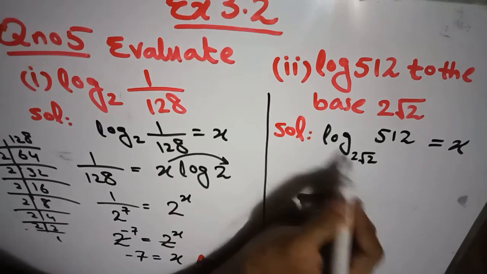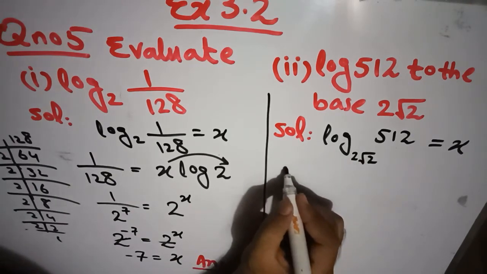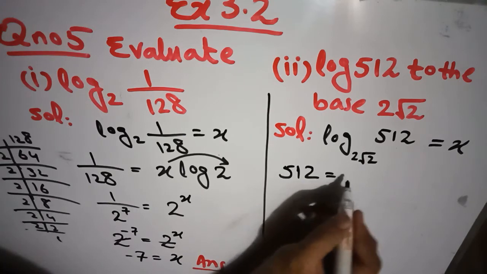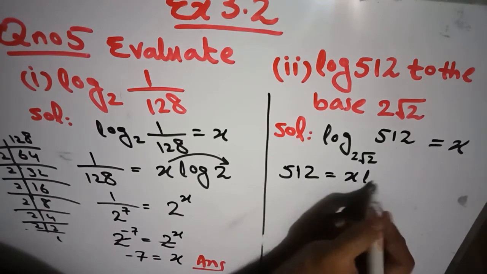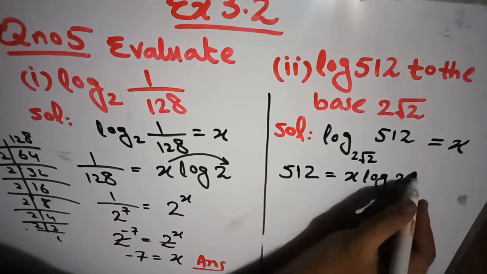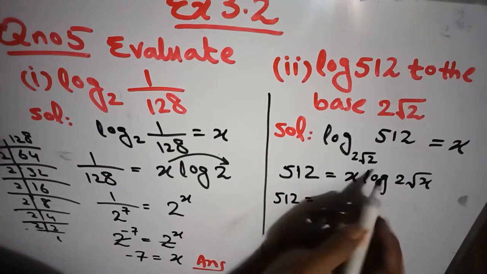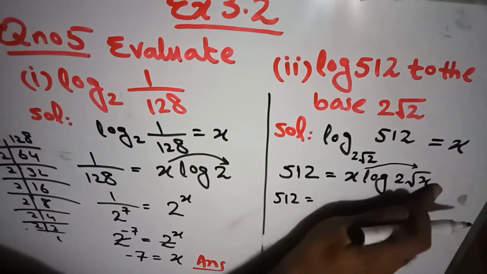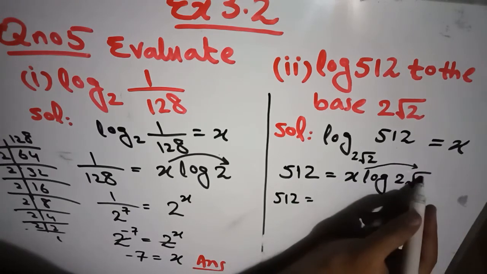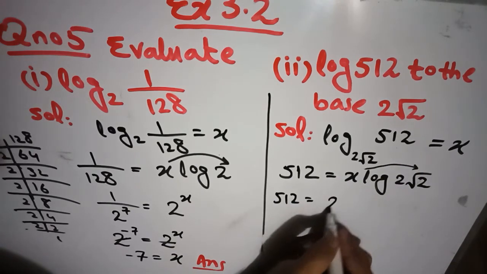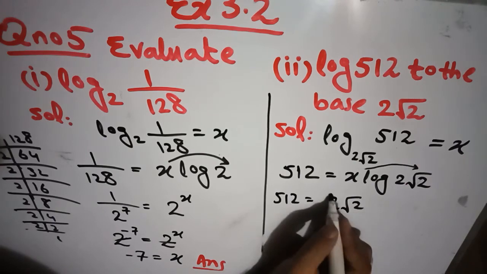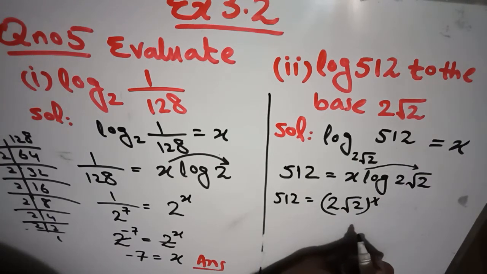Now it is in the base, and on the other side you will simply mention it the multiple with x, 2 under root 2, and in the next step you will simply write it the power of the 2 under root 2. So you can just write 2 under root 2 like this one.